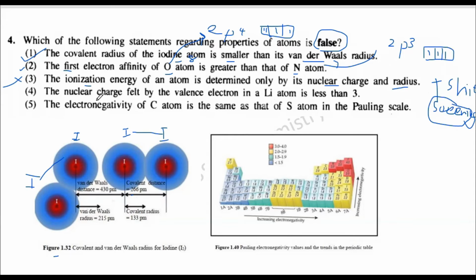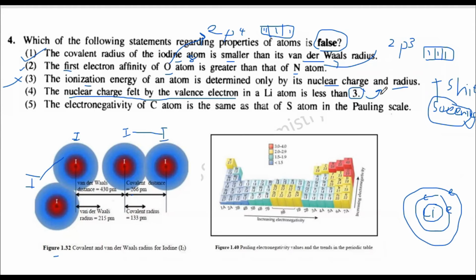Okay, so the nuclear charge felt by the valence electron in a lithium atom is less than 3. So when you have lithium, this is the lithium nucleus, let's say. Lithium is 1s2, so there will be one electron here, and one electron here. So what is the meaning of nuclear charge felt by the valence electron being less than 3? This is directly related to the third statement.